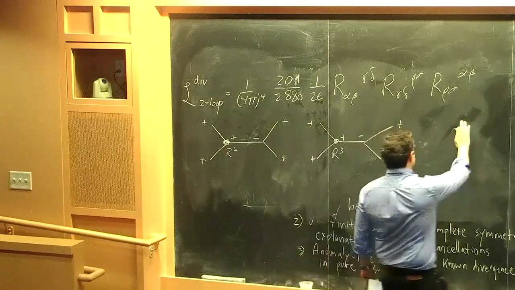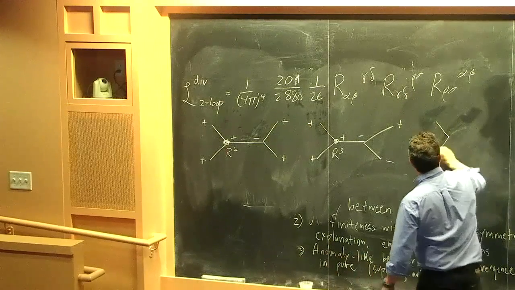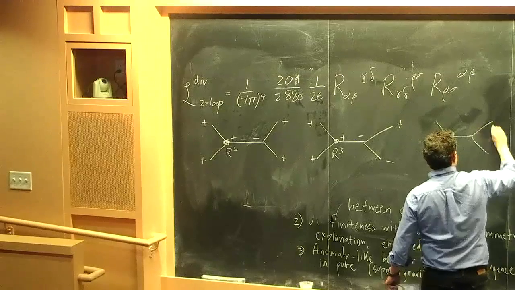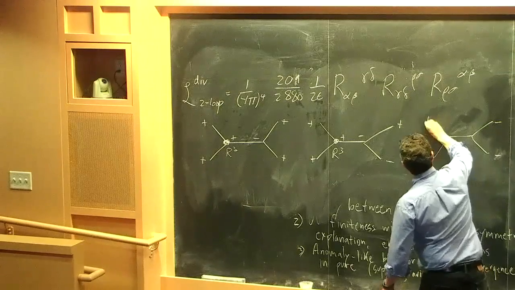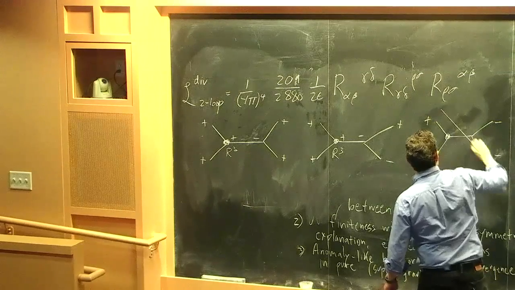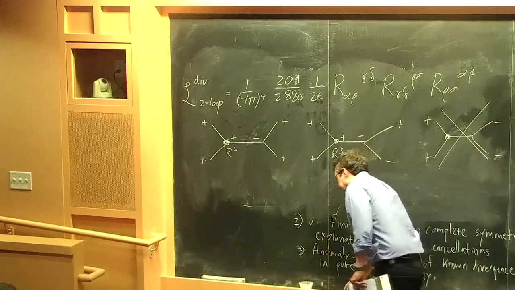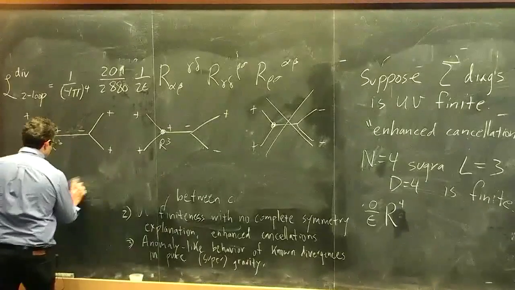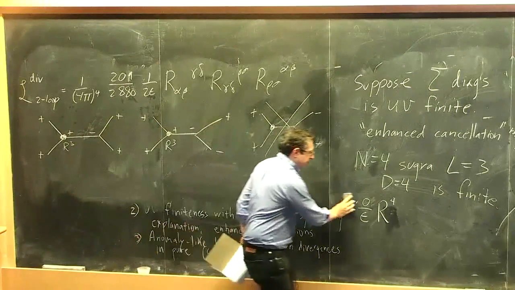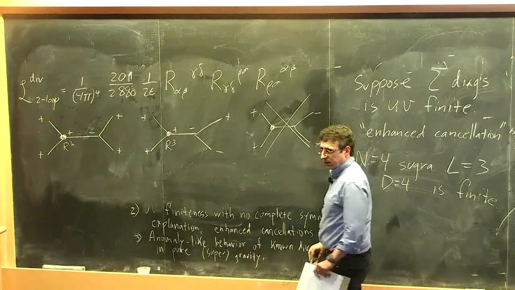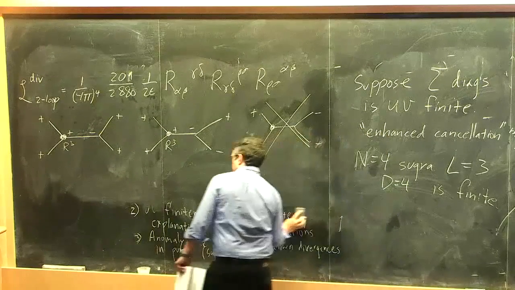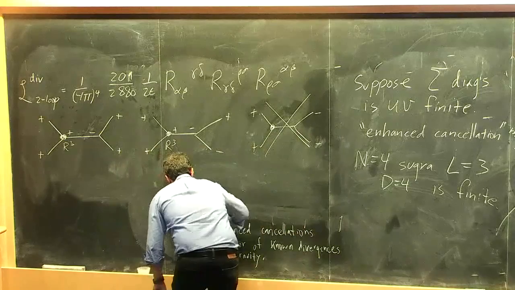And the contribution, this one, something like this, where there's minus, minus, minus, and plus, plus, this one is just not there. Okay. Now, once you know that, then, in fact, it's easy to see that there's something special going on with this divergence. That this divergence that we see at 2 loops is not generic.